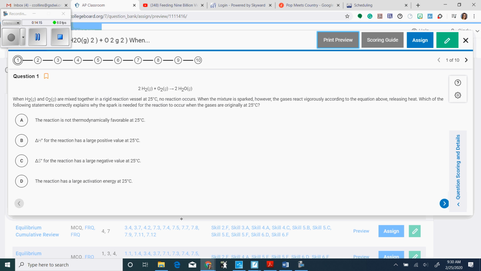So the question is, why is the spark needed to get it to go? Letter A, the reaction is not thermodynamically favorable at 25 degrees Celsius, cannot be true because it went. B, delta H for the reaction is positive, not true because it released heat. So I eliminated A and B without really thinking too much. C, delta S for the reaction has a large negative value.